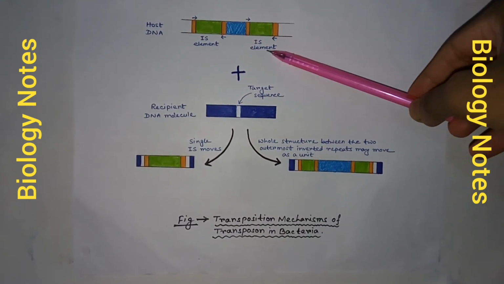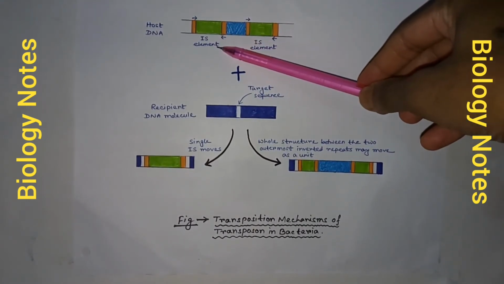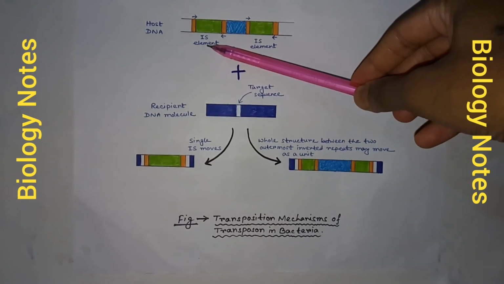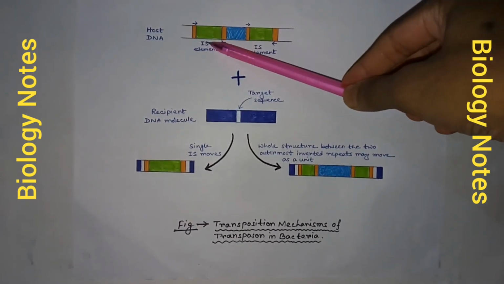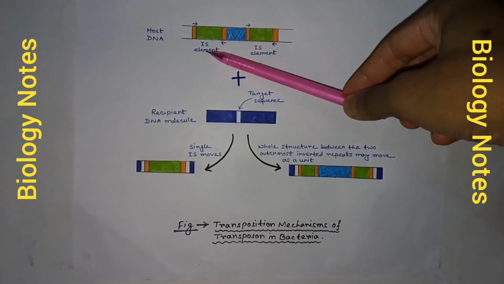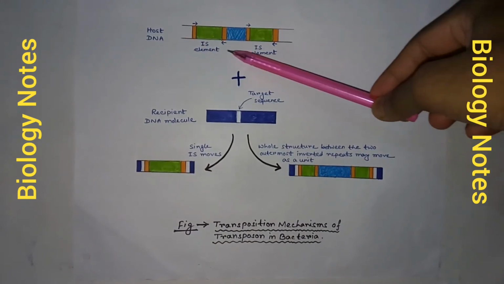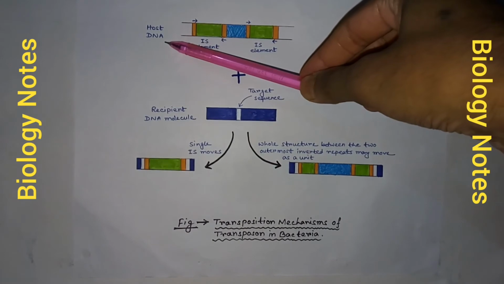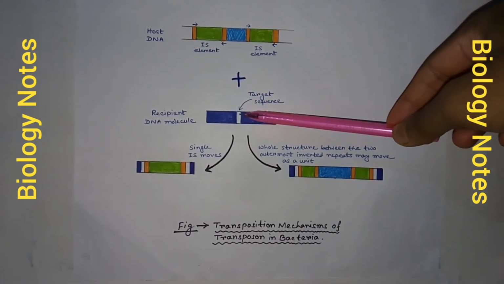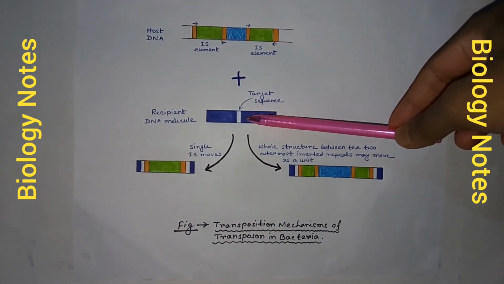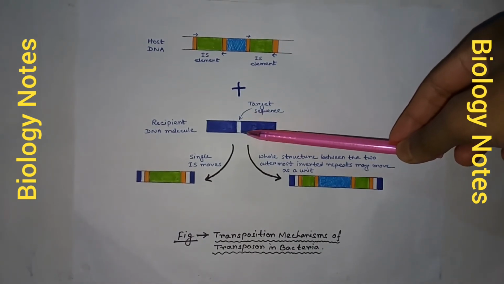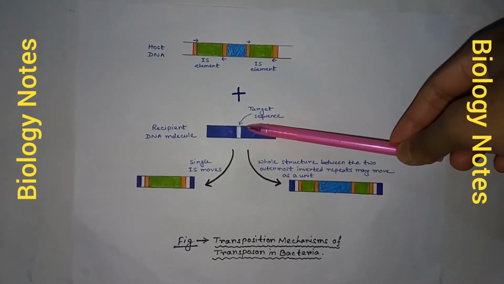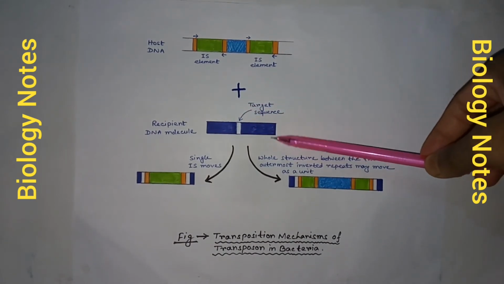This mechanism is also called conservative or non-replicative transposition. This is a composite transposon with two IS elements in the host DNA. Then the target sequence of the recipient DNA molecule is detected. The transposase will move any segment of DNA surrounded by a pair of the inverted repeats that it recognizes.